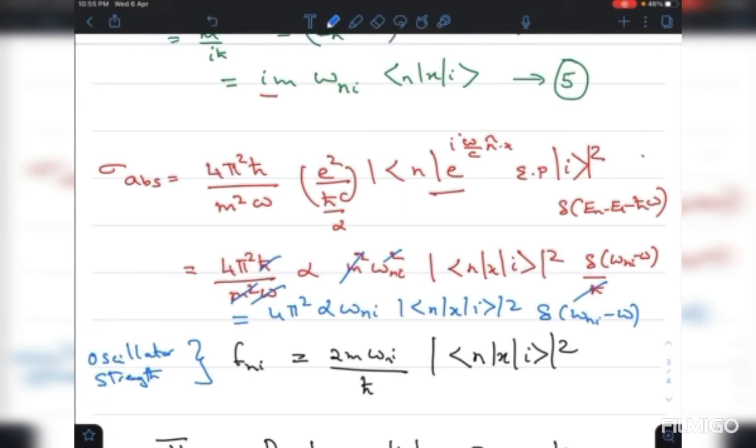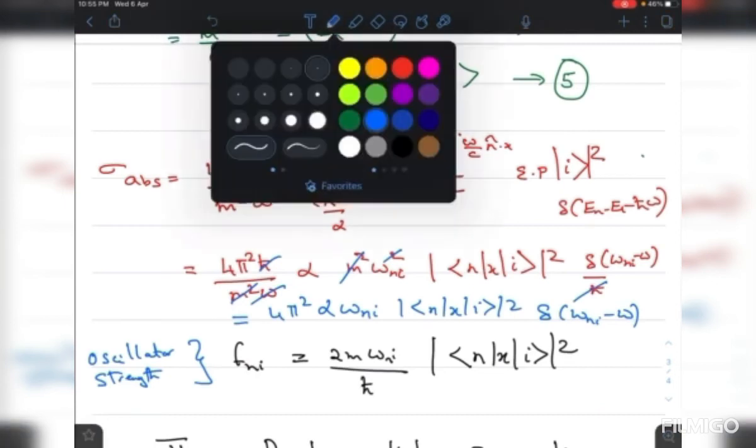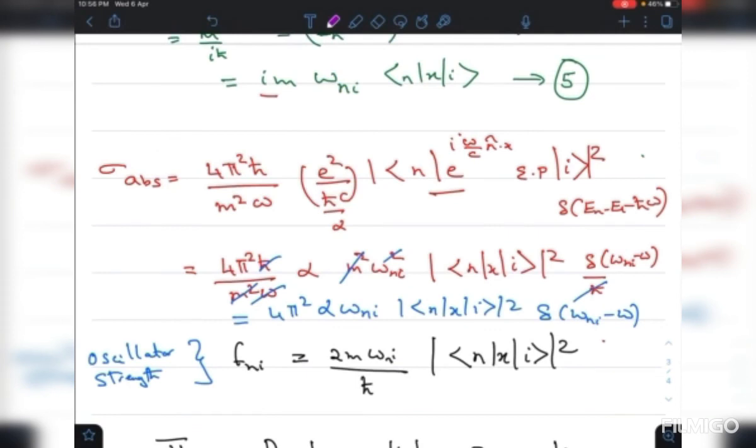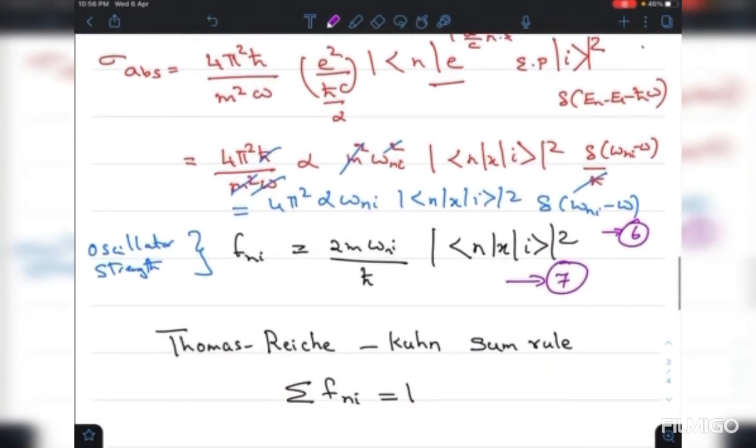So this we'll put again equation numbers. Let this sigma abs be 6 and our oscillator strength 7. Again, the Thomas-Reiche-Kuhn sum rule says that sigma over n of Fni is equal to 1. Let's put that as 8.